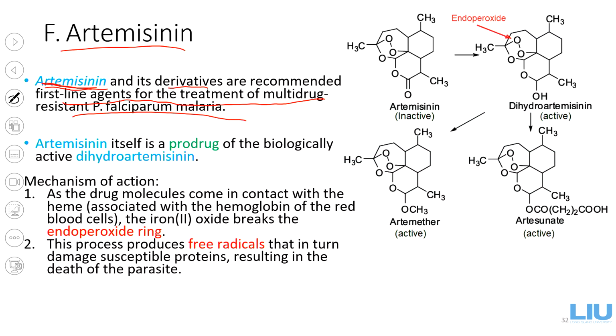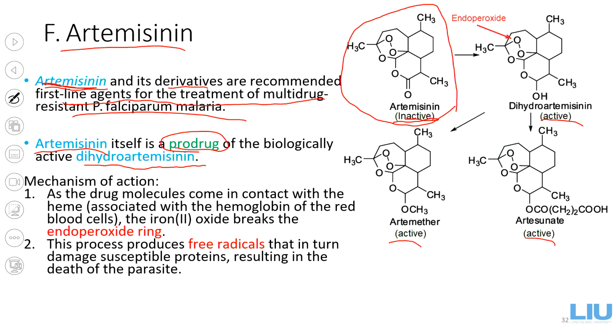Artemisinin itself is actually a prodrug of dihydroartemisinin. So this is an inactive drug, and it has to be converted into the active form, which could produce other active metabolites.